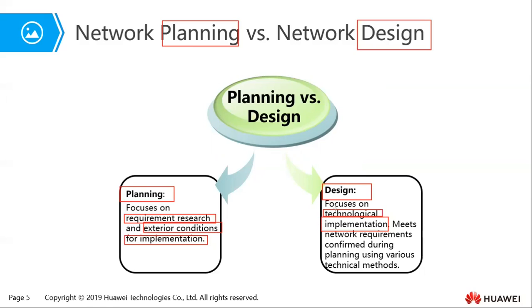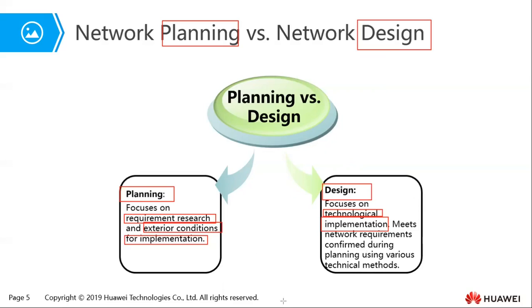But the details about the technology, in terms of the equipment that you're supposed to use and the cabling that we're supposed to use in order to achieve the customer's objective, really they are done during the design phase. They're used to meet network requirements confirmed during the planning using various technical methods, which we're going to look at.